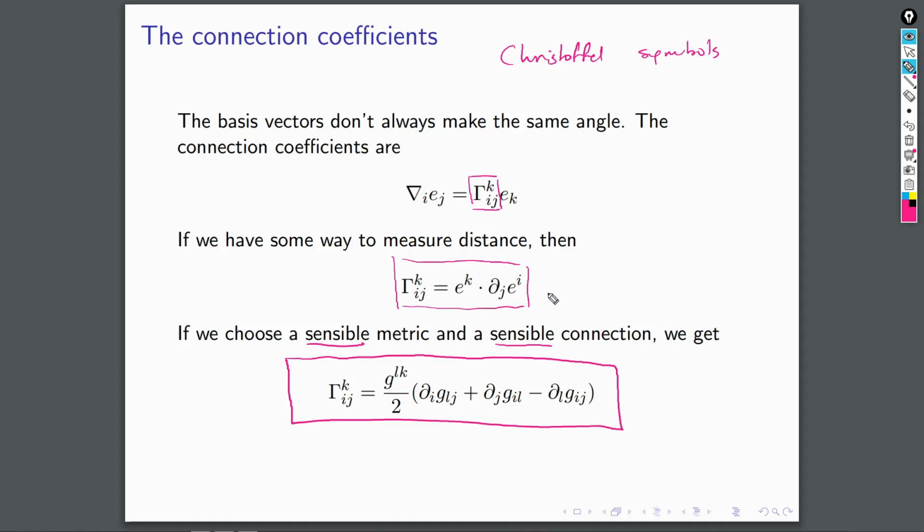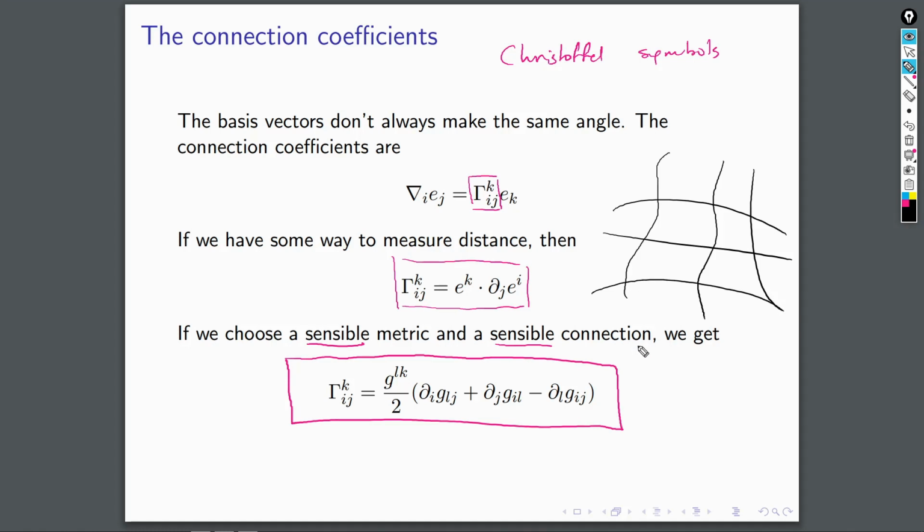And basically what this equation here means is that if I have a manifold with these coordinate lines on them that can be all kind of curvy and straight or curved the other way, right? Basically, here, for instance, the basis vectors make this angle.